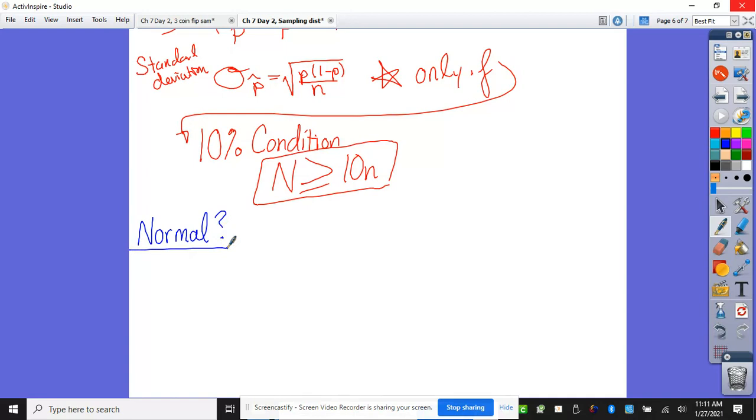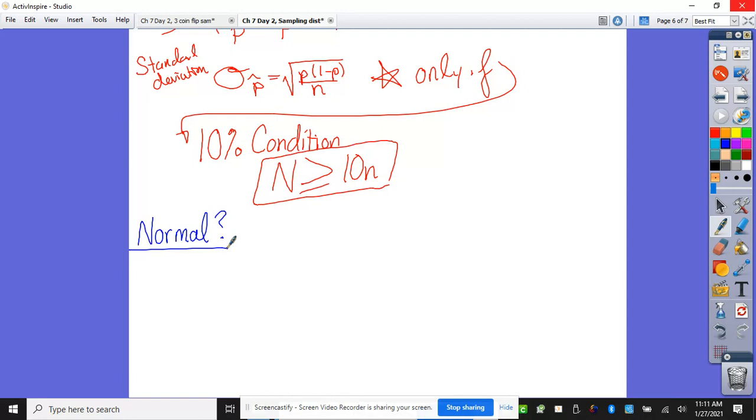This is actually something that's different in different textbooks, and it's different with what level of statistics you're dealing with. But the general idea is that you have to have a reasonable number of successes and a reasonable number of failures.